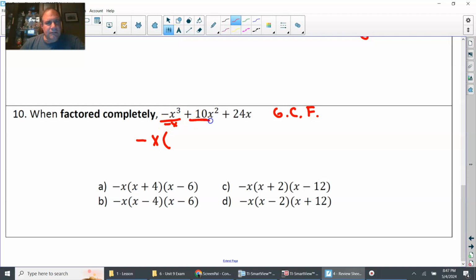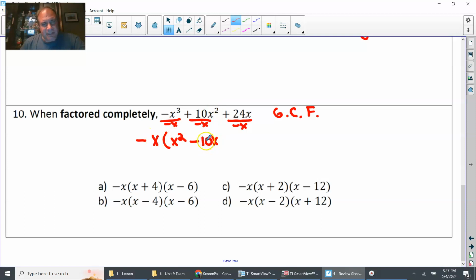And I go ahead and divide. What times negative x will equal negative x to the third? It's x squared. What times negative x will equal positive 10x squared, which is negative 10x.